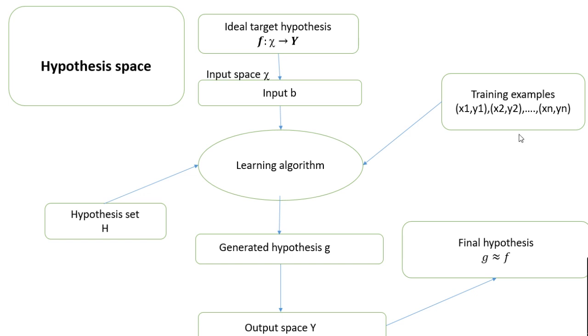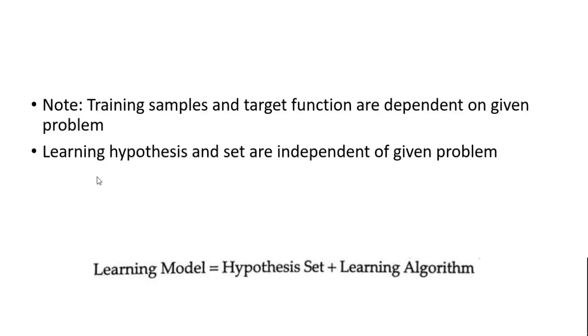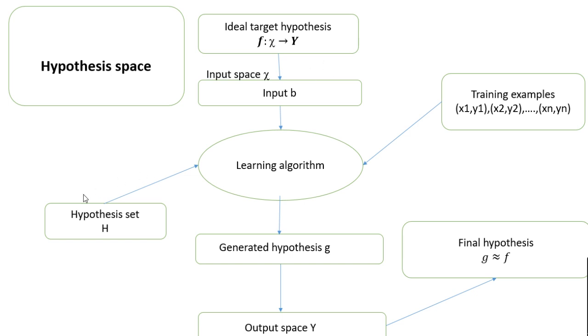So in this diagram, the training samples and f both depend upon the problem. Based upon what the problem is, you can have your examples and ideal hypothesis. The second point to notice: the learning algorithm and hypothesis set are independent of the given problem.